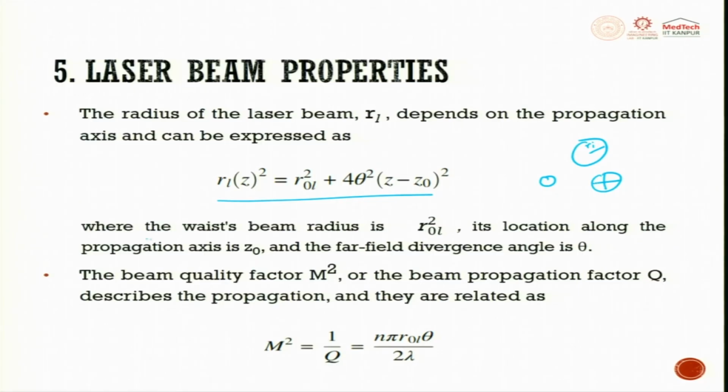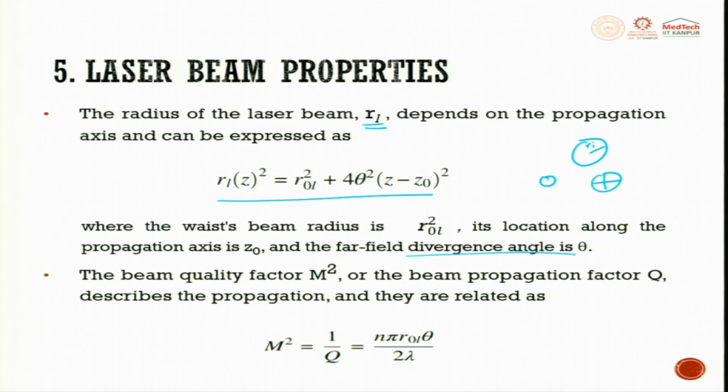So, the waist of the radius is r square in location along the propagation axis of Z0. The far field divergence is theta. So, this is what we express through R1. R1 can be calculated from R0 plus theta. Theta is the beam divergence.